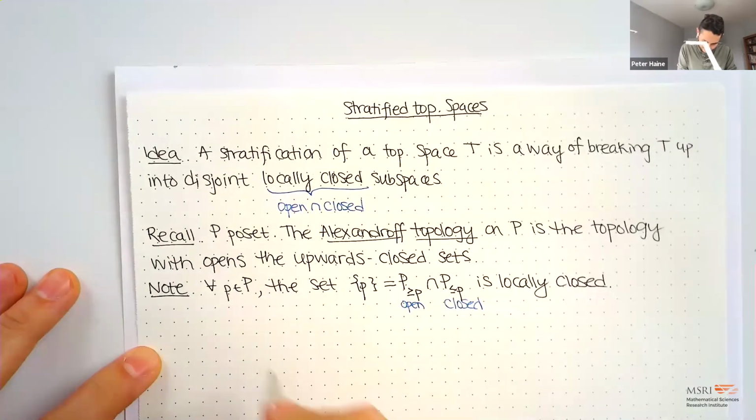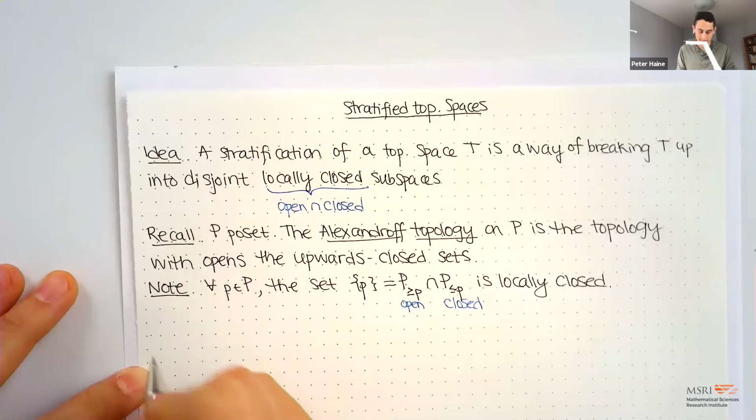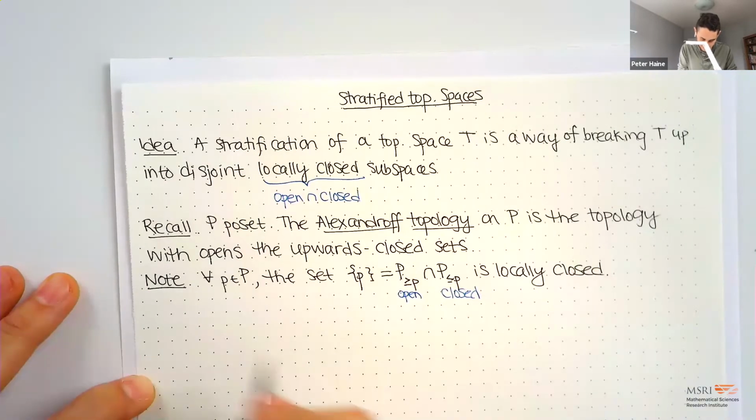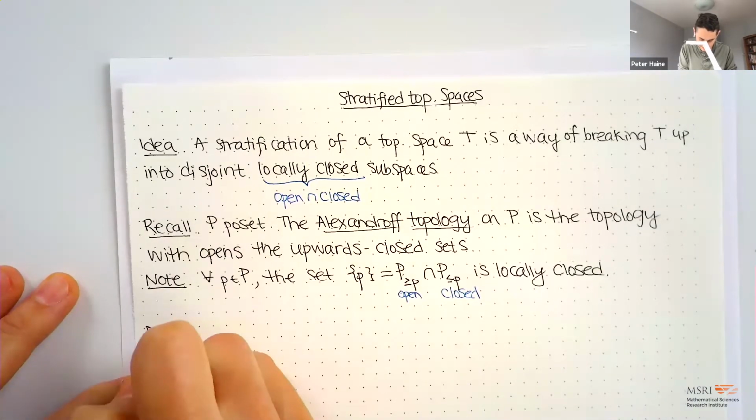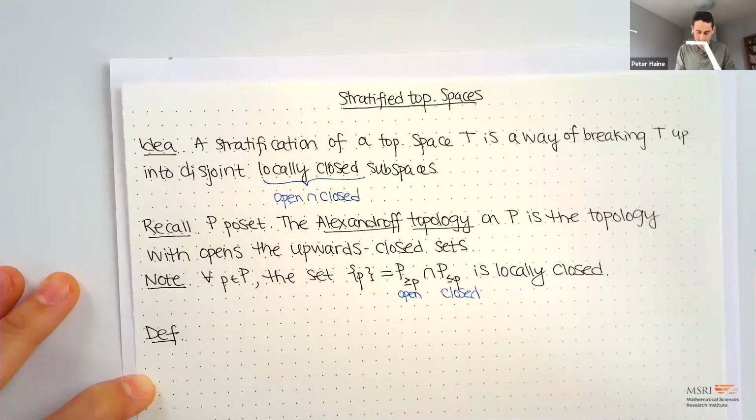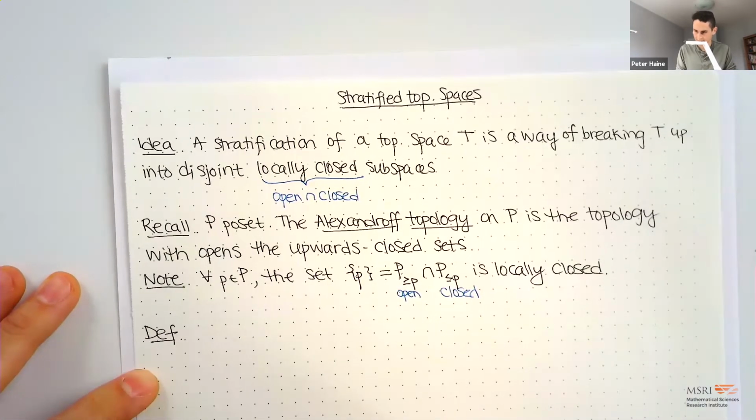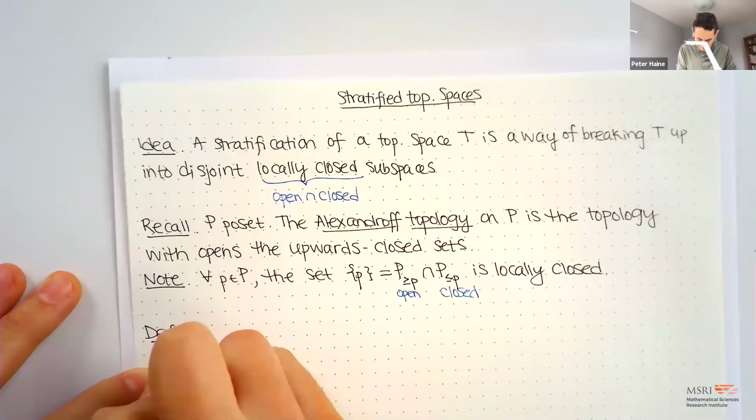Okay, and so to make the idea of stratification precise, here's how I'm going to do it. I'm going to say it's just a space with a map to a poset. So P will be a poset.